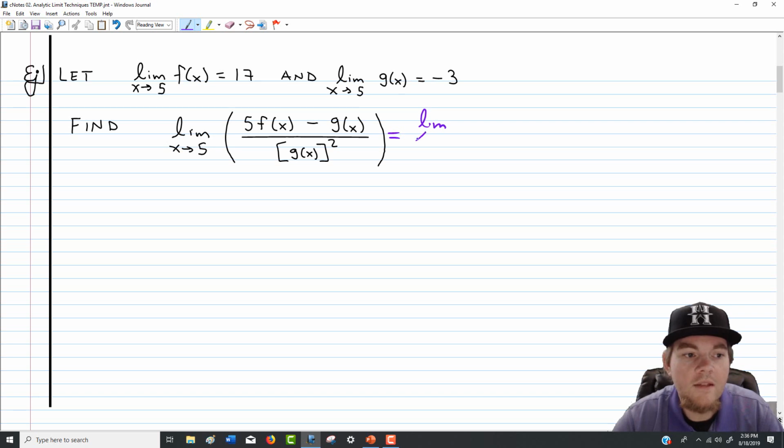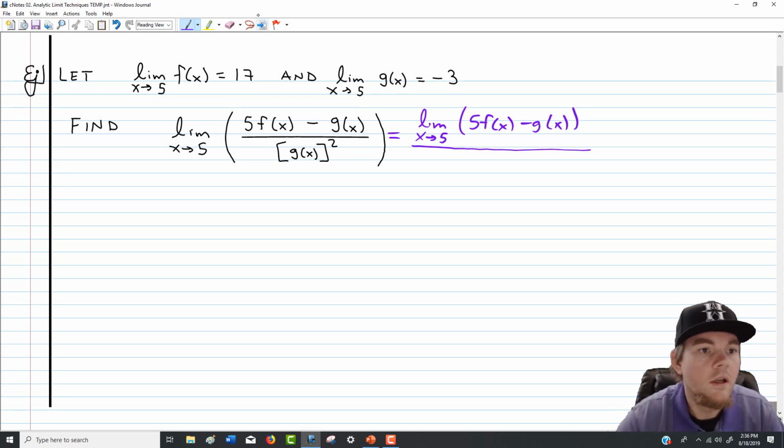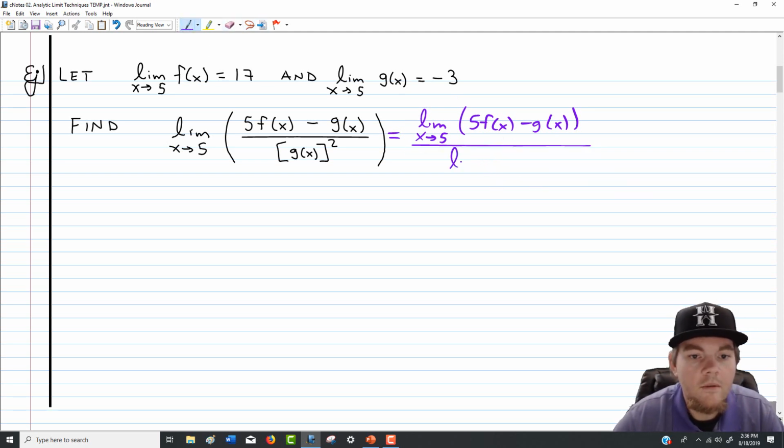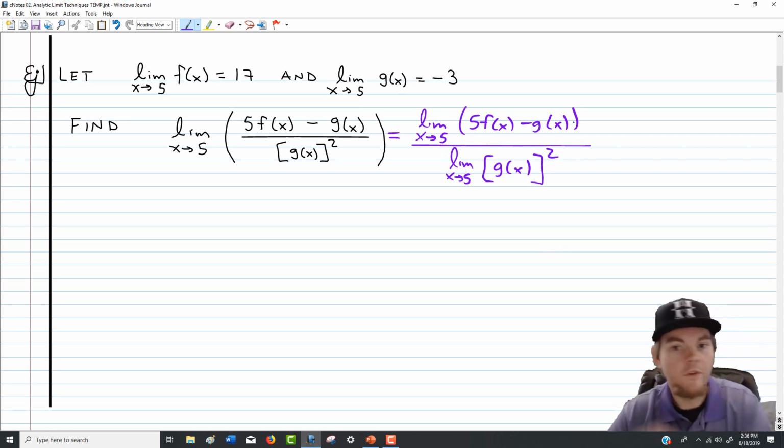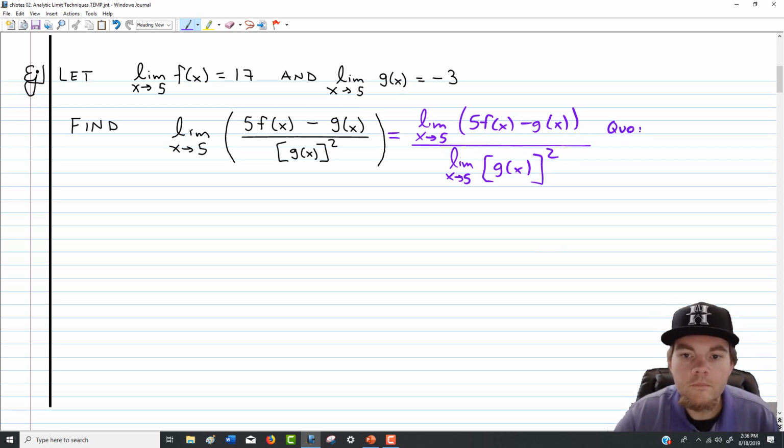We're going to have the limit as x approaches 5 of the numerator, which is 5f of x minus g of x, all divided by the limit as x approaches 5 of g of x squared. So there's our first move. We've used the quotient property to decompose this into the quotient of two limits.